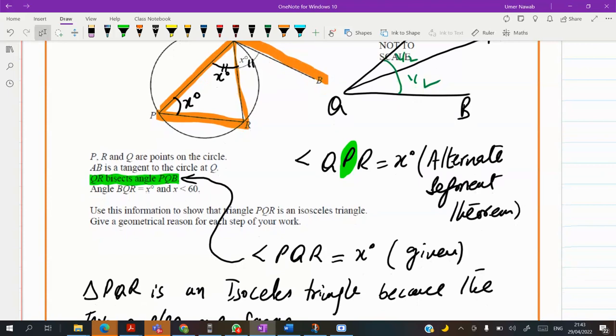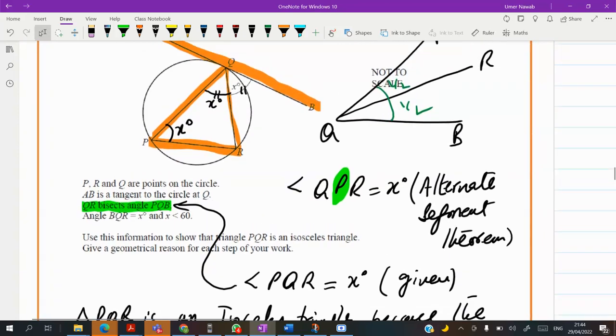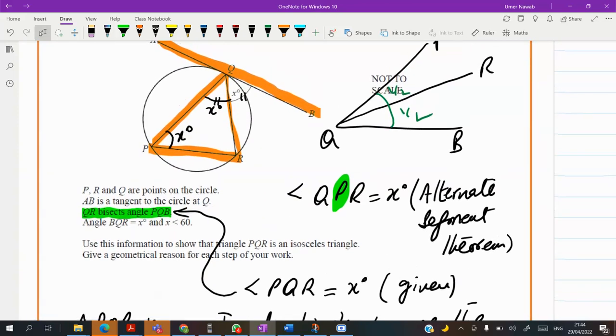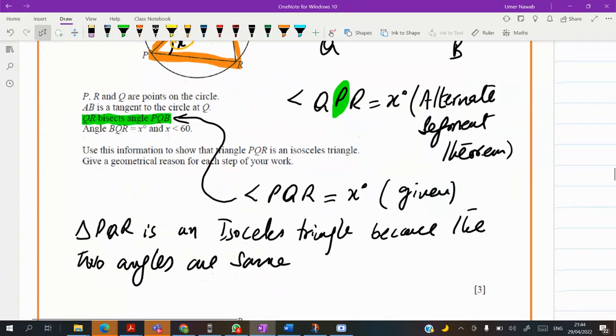He wanted to mention this property that x is less than 60 because it cannot be equilateral. He is trying to say that it is not 60, because if it is 60, every angle will be 60, and then it will become equilateral. He wants to deny that fact. Only two angles are equal. So if the two angles are equal, then we can say it's an isosceles triangle. Just mention it here. Then also x is less than 60. It is not equilateral.